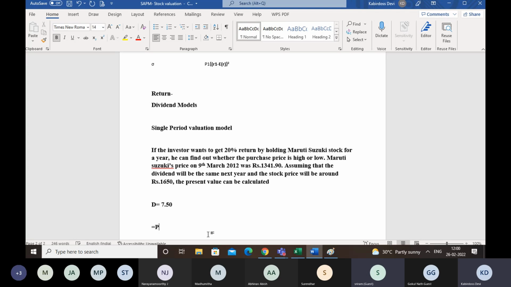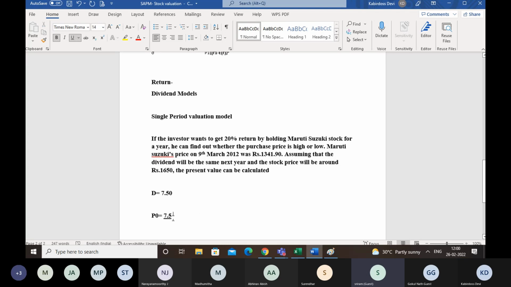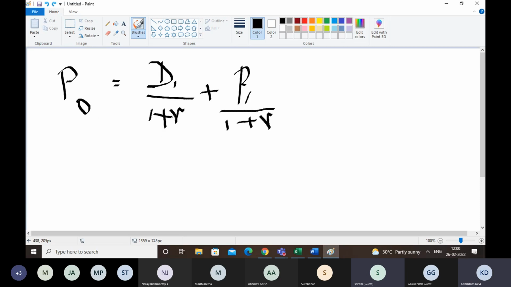Now I need to check whether I can buy or not. Now I need to exactly check what is P naught. P naught I do not know, right? So P naught is equal to 7.5, the dividend is 7.5, and this is 1 plus R. So what is the return expected? 20%.